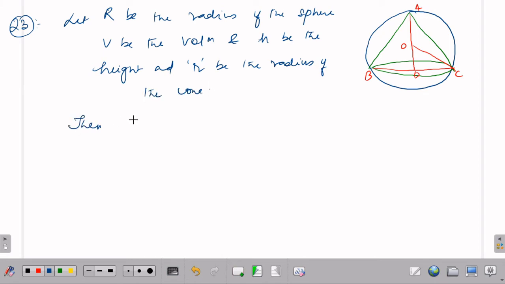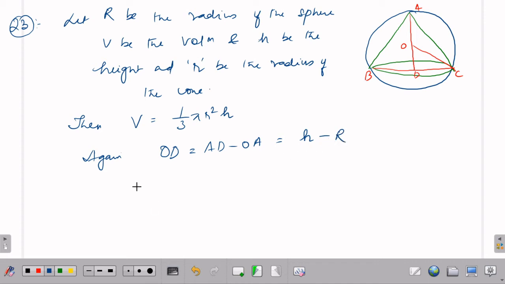Then your V would be 1 by 3 pi r square h. That's the volume of a cone. Now if we look at the diagram, I can say that your OD is nothing more than AD minus OA. But your AD is the height, and your OA is the radius of your sphere.